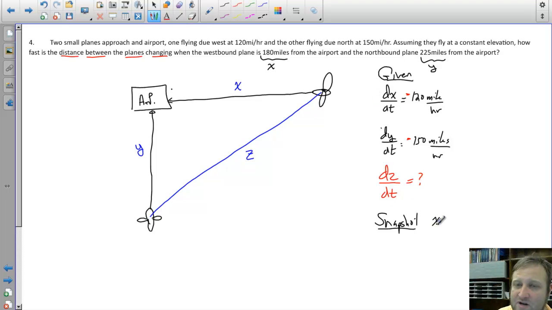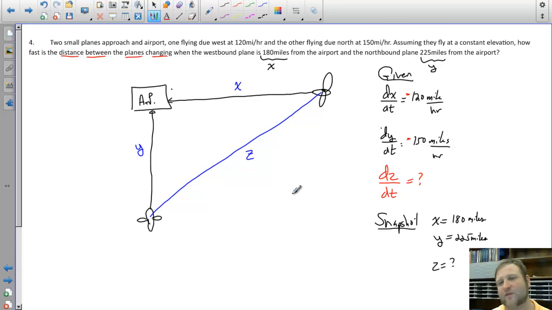So at our snapshot, x is equal to 180, and our y value is equal to 225. If we know x and y at some specific circumstance, then I bet we're also going to be able to find z.